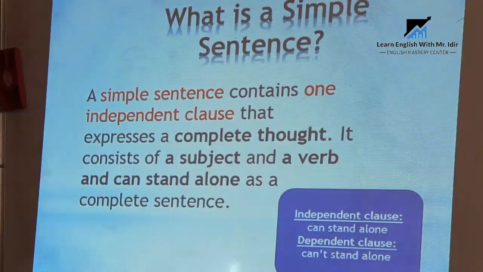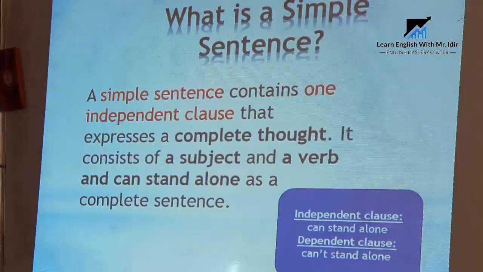Last time we said that a sentence should have two characteristics. It must have a subject and a predicate, and it must have a meaning. This is also what we call an independent clause. Remember, every sentence is a clause, however, not every clause is a sentence.